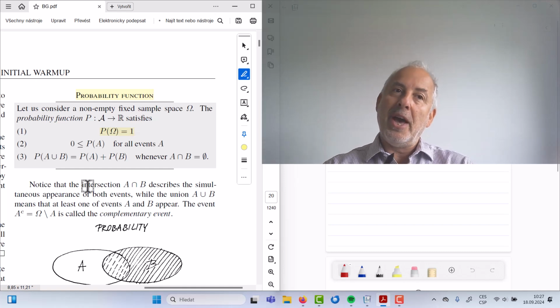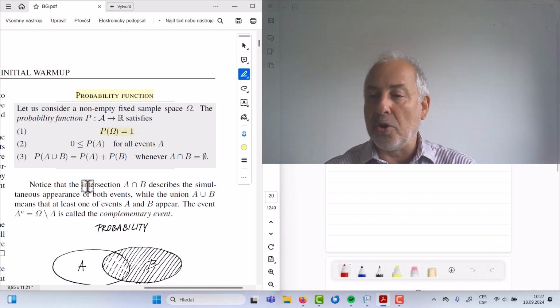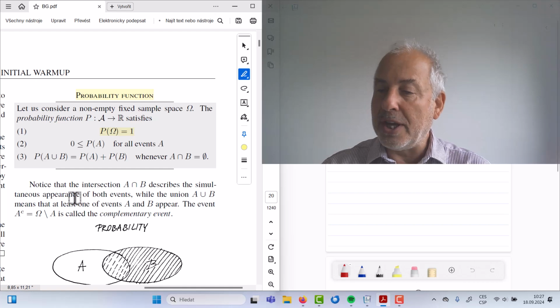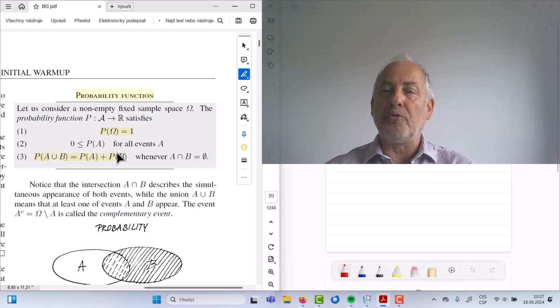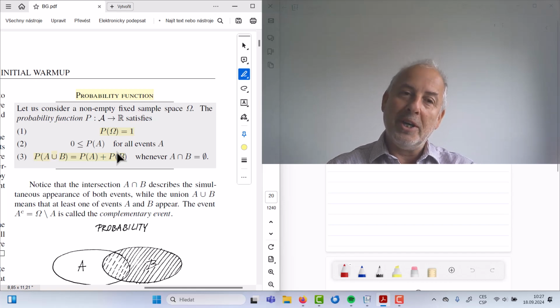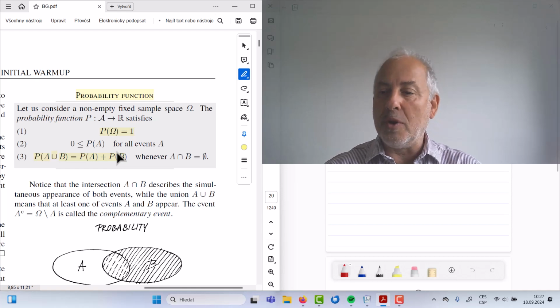And if we take the empty set, then it must be 0, right? And that's achieved by this already as a consequence. So that's typical for mathematical theories. You don't want to come up with all the conditions, only those which are independent, and then the rest follows as a consequence. And that's exactly the case here.